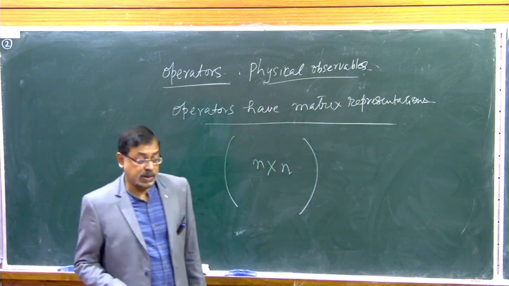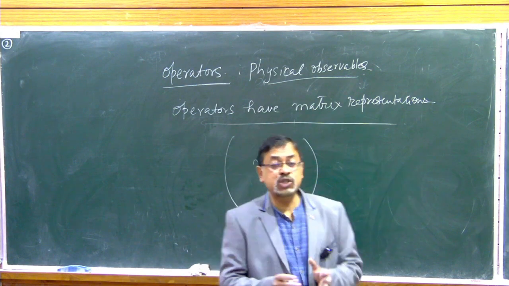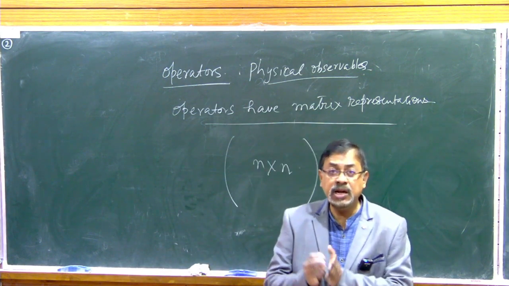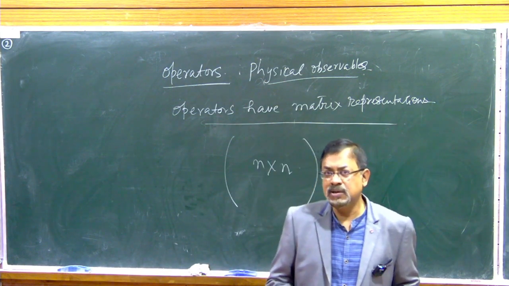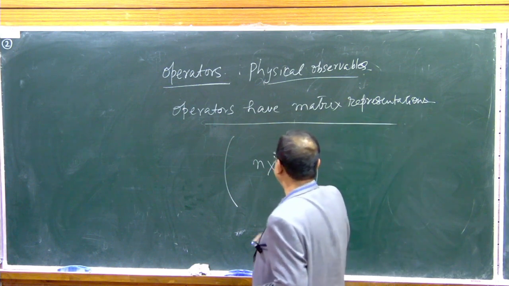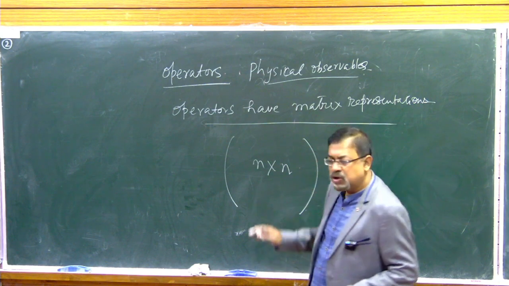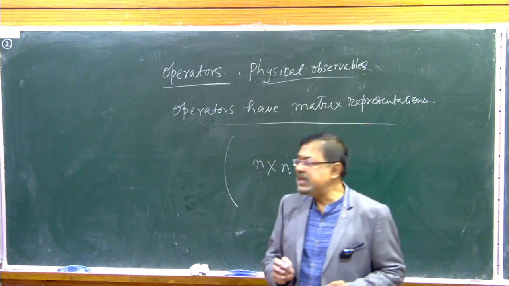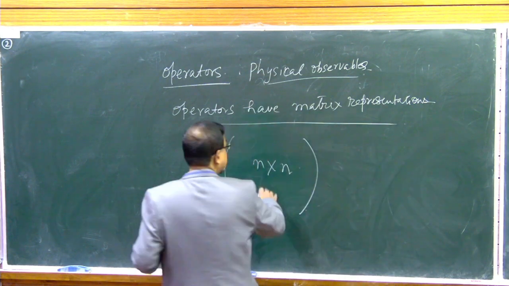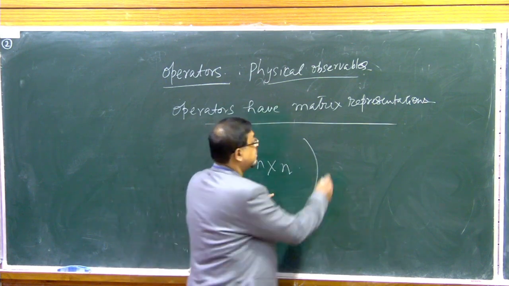For example, if the position operator acts on the wave function, it will give you the position of the particle. So this has the form of a matrix, and the operators corresponding to observables are Hermitian matrices.